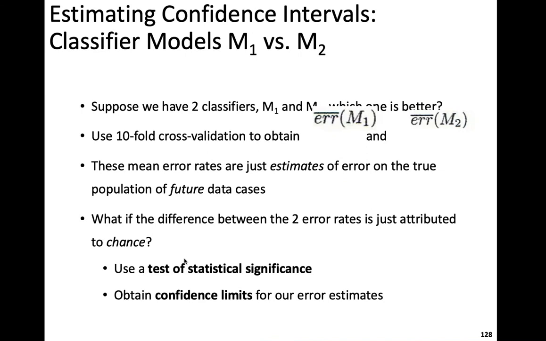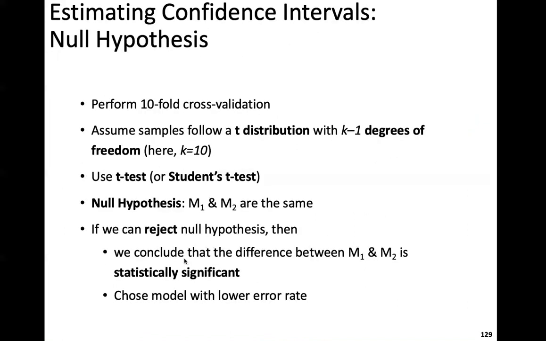So then you use a test of statistical significance, and you try to get a confidence limit for the error estimates. There is something called a null hypothesis, that they are basically the same. But if you reject the null hypothesis, then you will be able to say that there is some difference between them, and that it is statistically significant.